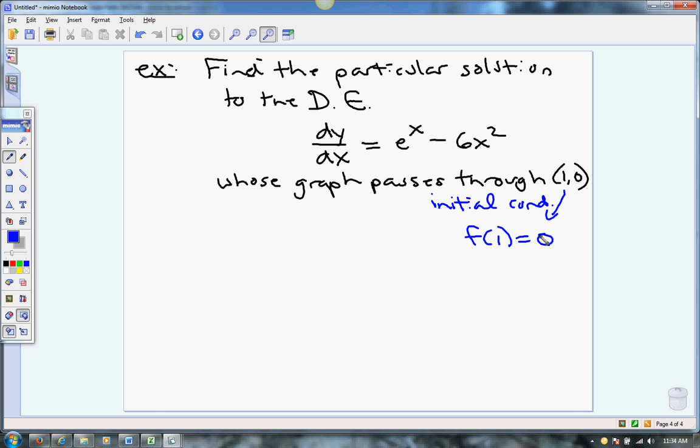Well, I have the integral of dy dx equals the integral of e to the x minus 6x squared dx.